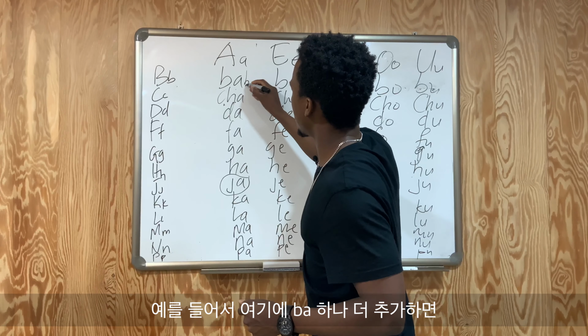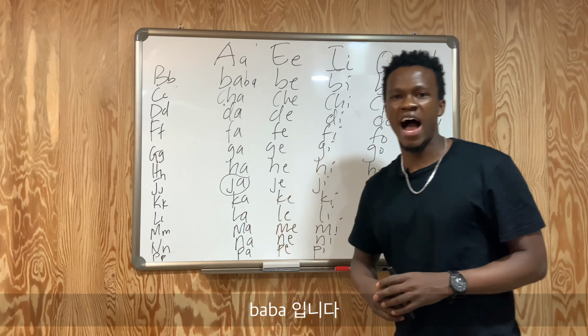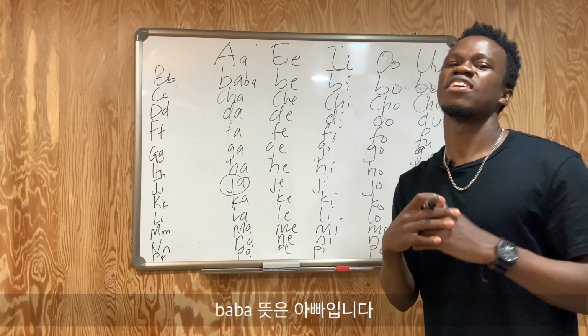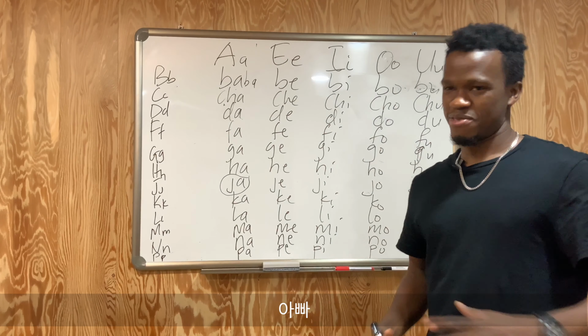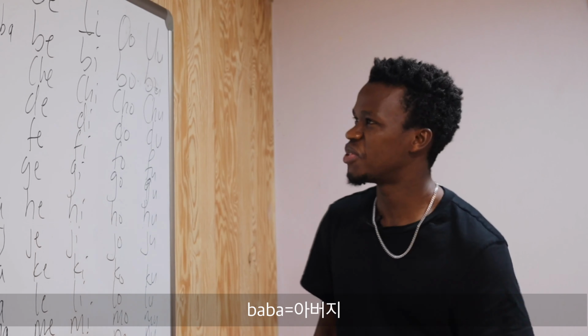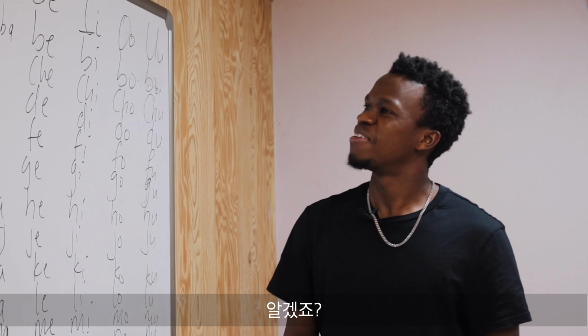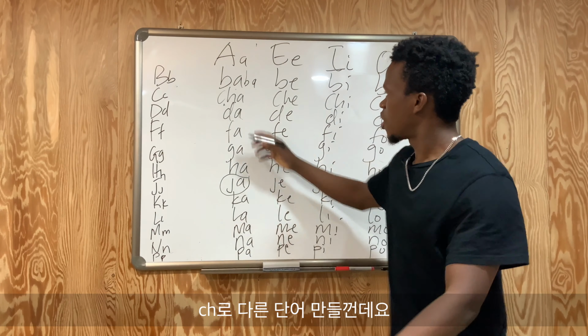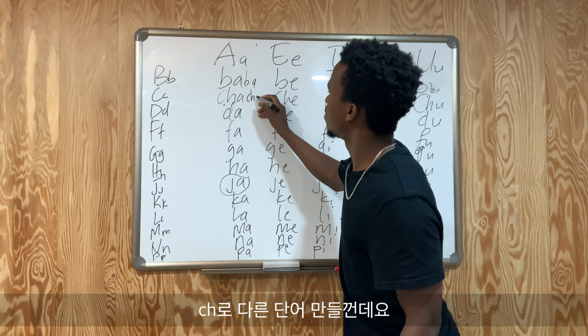If we add another ba here, it is baba. Baba means father, or aboji. All right? Father.